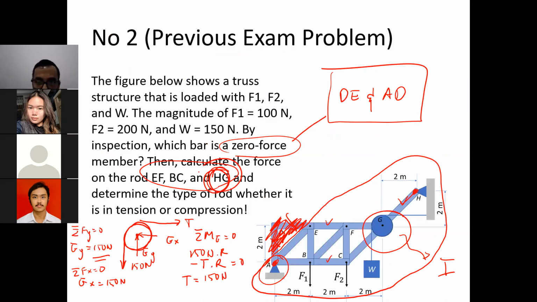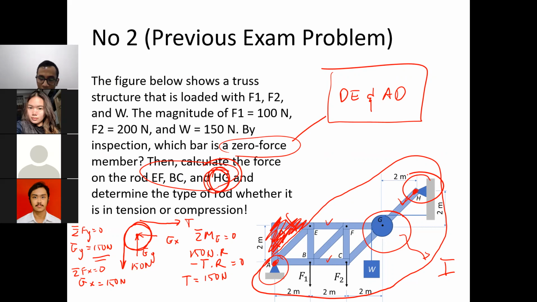Besides that, if you have one particular member dangling like this, instead of solving for the joint H, it's better to just remove the member and replace it with a force representing that member, FGH, like that.